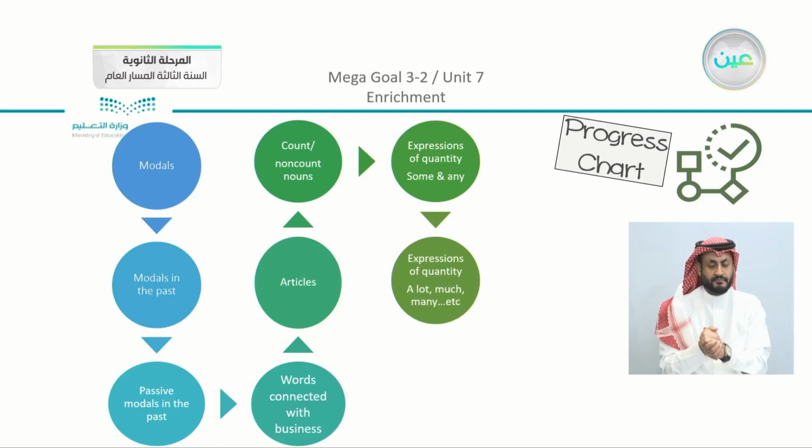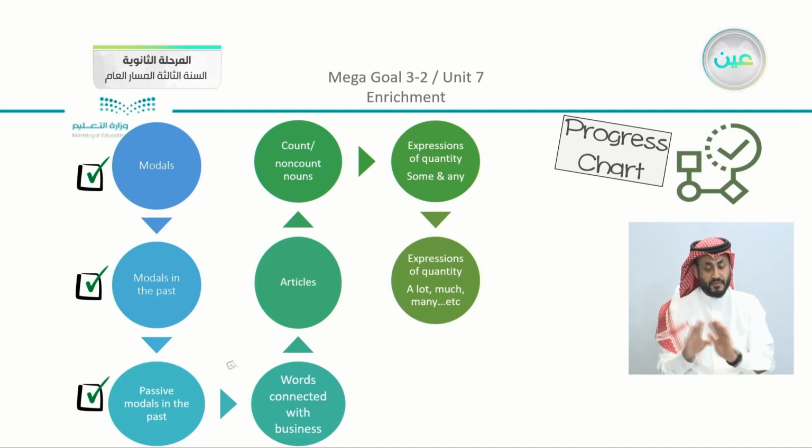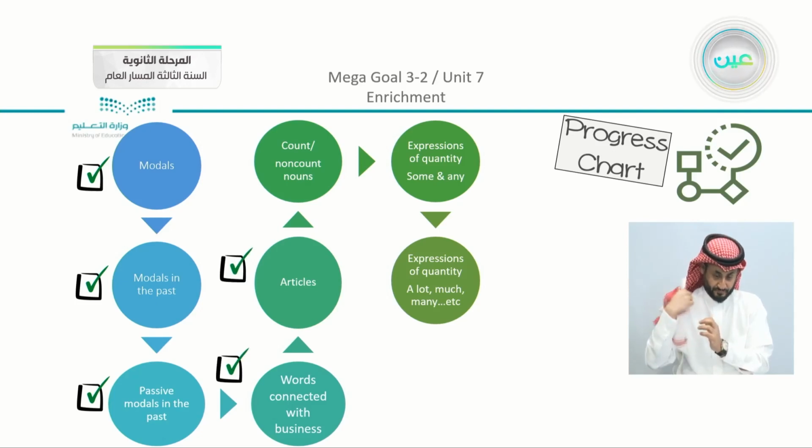So what did we study in our enrichment here? First of all, we studied modals in general. And throughout the modals, we turned them into the past. We have also applied the passive modals in the past. We moved on to words that are connected with business. And from these words, we revised the articles. Now we said that we have here a, an, and the.